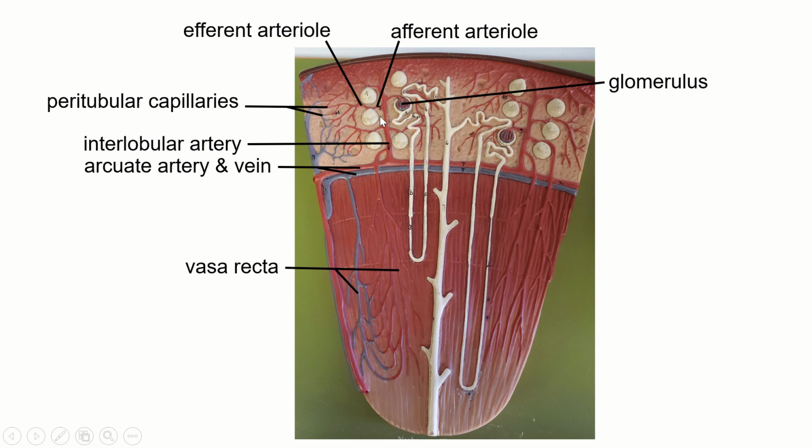Now, there isn't a vein coming down along with it. They didn't show it here so it didn't get too complicated and confused. That branches off to an afferent arteriole that goes to the glomerulus inside the renal corpuscle, to the efferent arteriole, to the peritubular capillaries, and then to the vasa recta. We also have a branch to the vasa recta, going down, coming back up through the venule to the arcuate vein or to the interlobular vein.